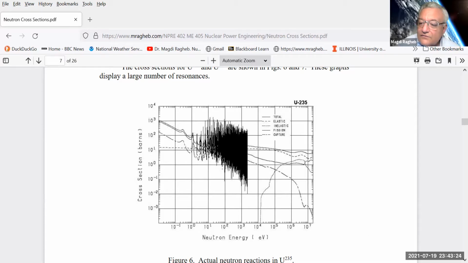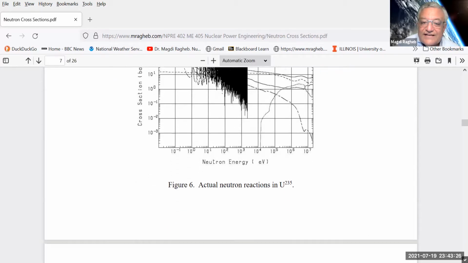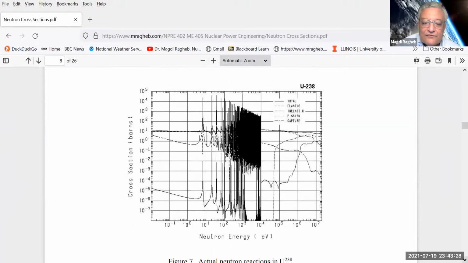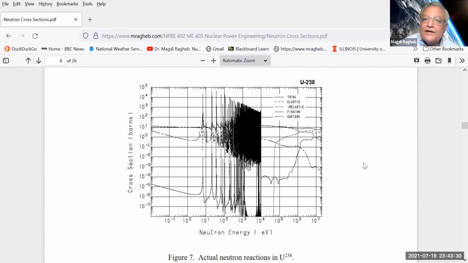But look at the cross-section for uranium-238. At low energy, it's only 10 to the first power, 10 barns. So you multiply the probability of causing fission by a factor of 100, 2 orders of magnitude, if you use uranium-235 compared to uranium-238.